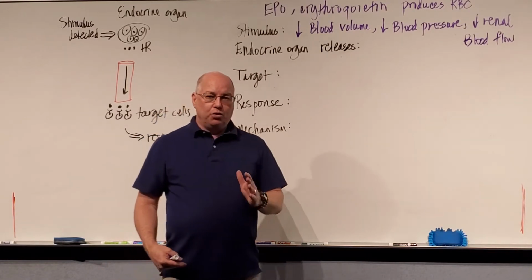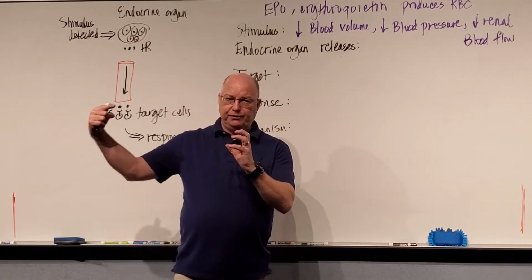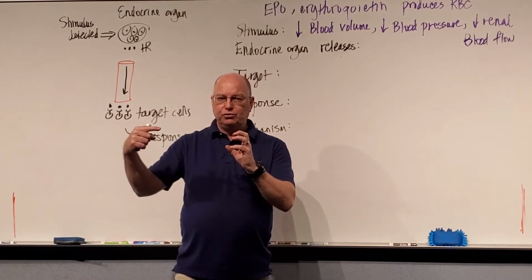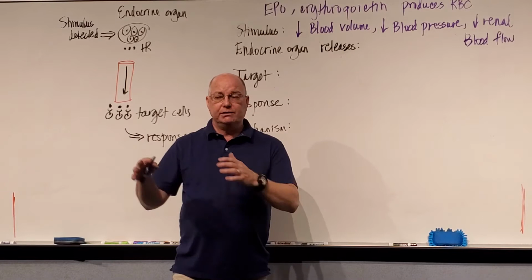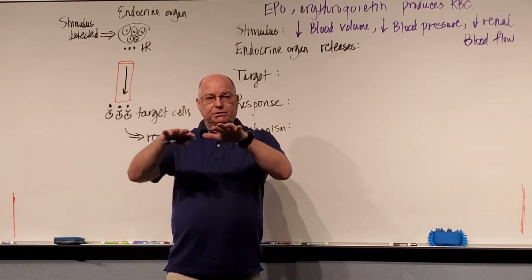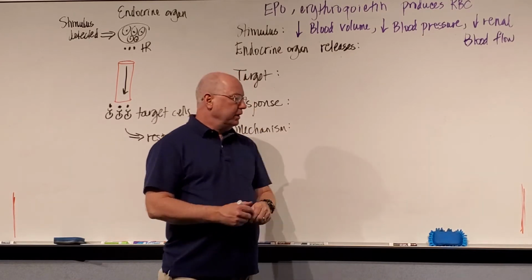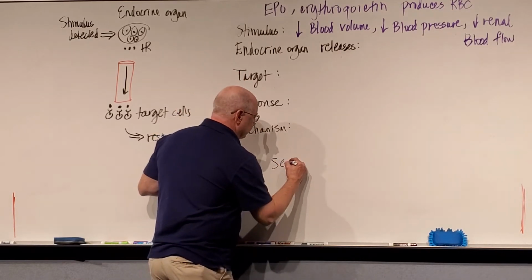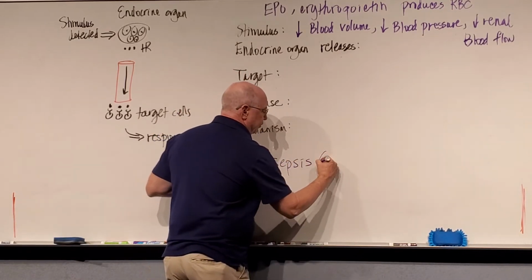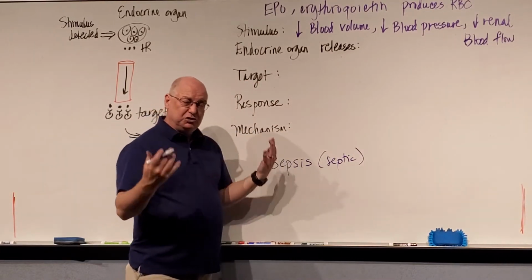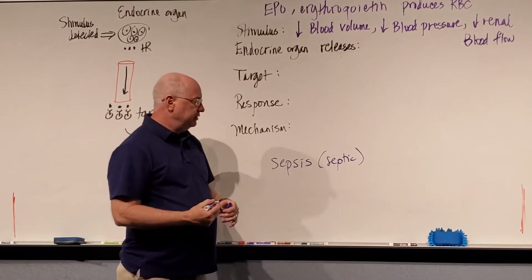Now, in order to clean the blood, I have to have the blood flow into the kidneys. If blood flow into the kidneys slows, I don't filter my blood. The toxins in my blood build up, and we can undergo what's called sepsis. If you know what a septic tank is, that's where the word sepsis comes from. Your blood goes septic, meaning it's filled with trash and toxins, and they're poisoning your cells to death.